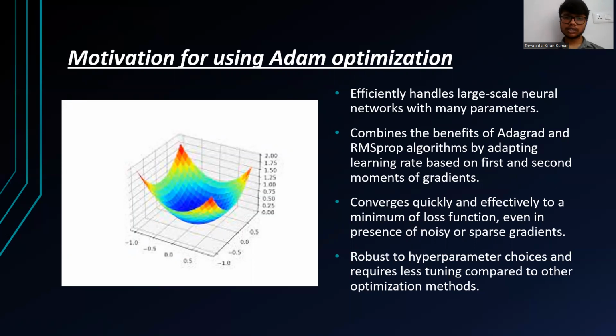Not only that, but it also converges quickly and effectively to a minimum of loss functions. Even in the presence of noisy and sparse gradients, it converges very quickly to minimize the loss function. And it is robust to hyperparameter choices and requires less tuning compared to other optimization methods.